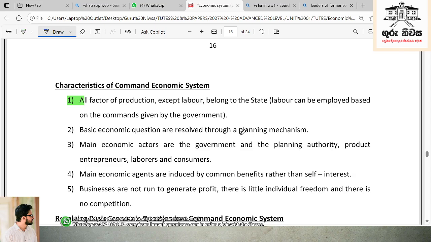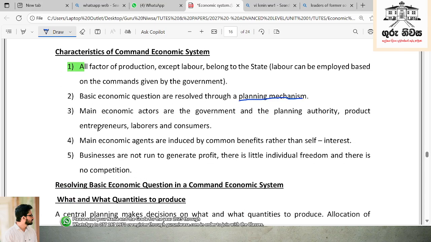All economic problems are solved based on a plan. Next, the main economic actors are the government and planning authority, product entrepreneurs, laborers and consumers. These are the main economic parties in this economic system.